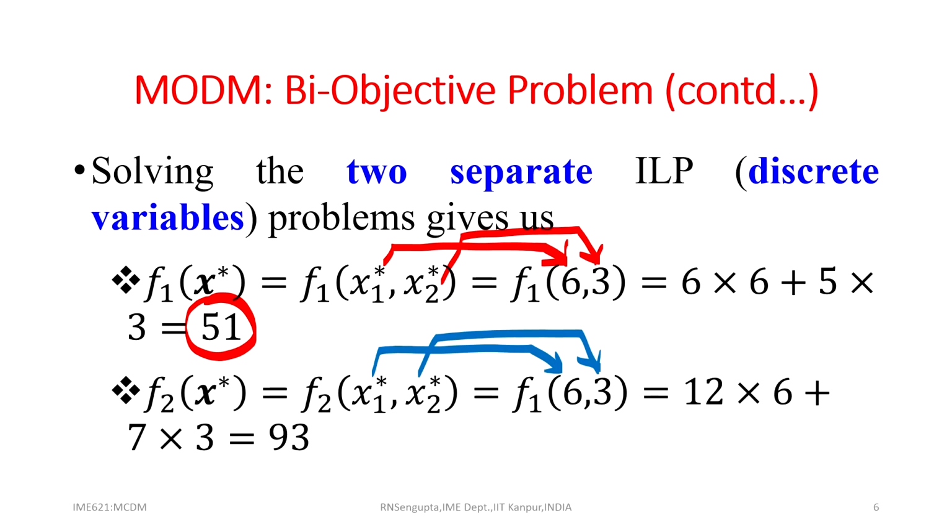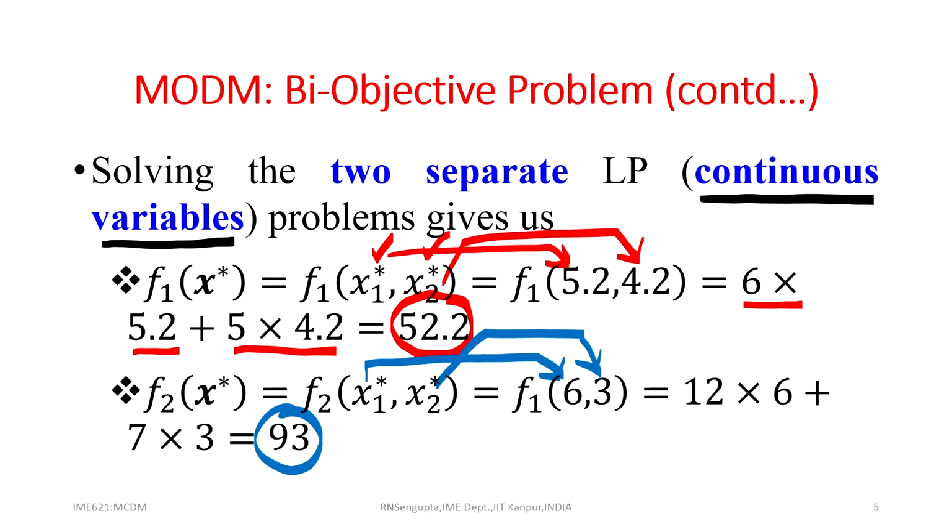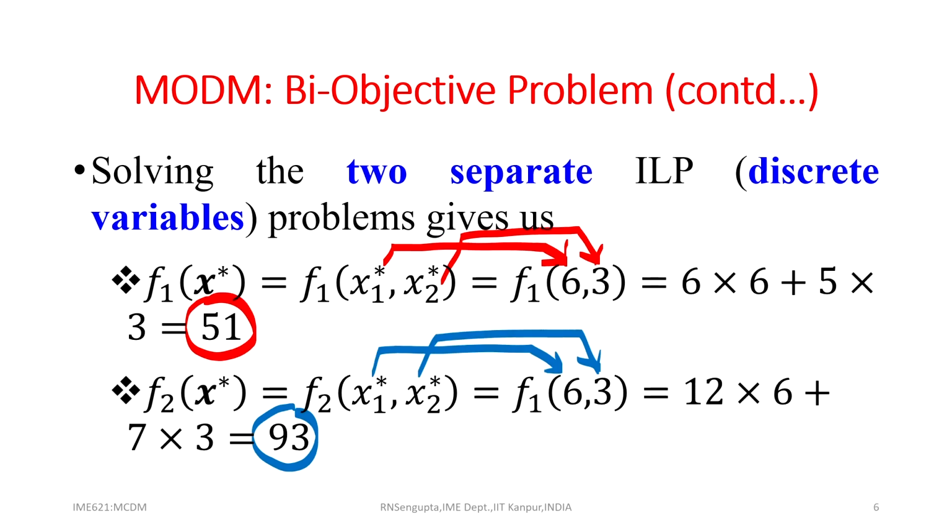So, considering 6 and 3 for x1 and x2 star respectively, the objective function is now 12 into x1 star, which is 6, plus 7 into x2 star, which is 3. The value comes out to be 93. This 93 is the same for the first case. For the linear programming f1, when it was continuous, the objective function value was 52.2, and in the second case, when it is integer, the value is 51.